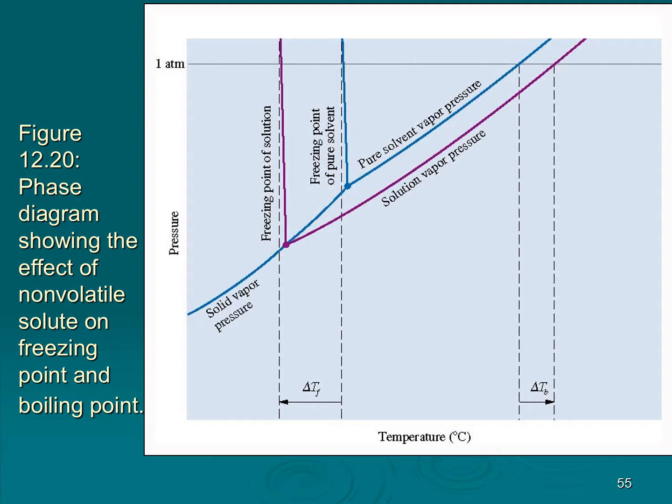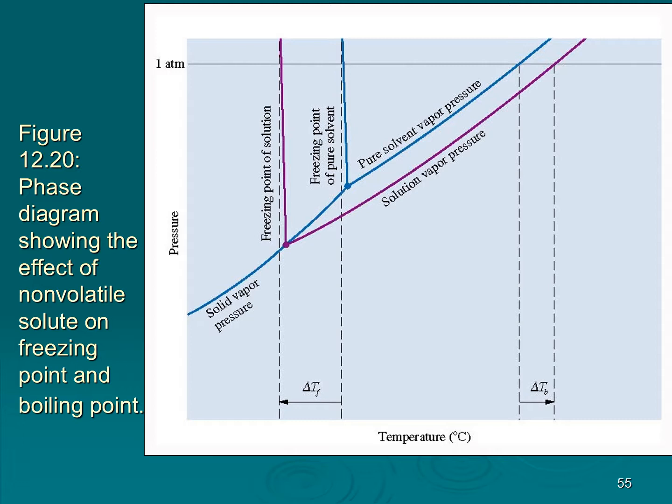And so the delta TF, meaning the change in freezing point, lowers as well. And so again, the blue freezing point of the pure solvent, and then the solution will come down to the left. And so we have delta TF, which is the freezing point lowering for a solution. So what we have here is if you have a solution, then both the freezing point is lower and the boiling point is higher.